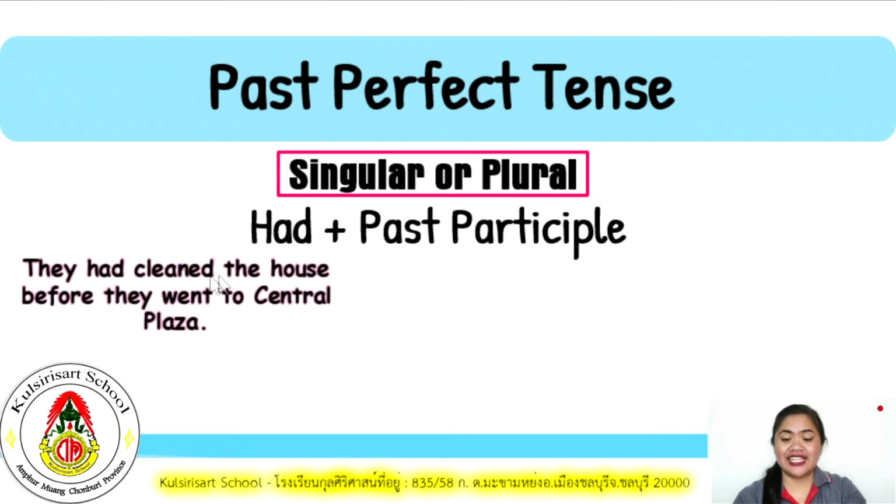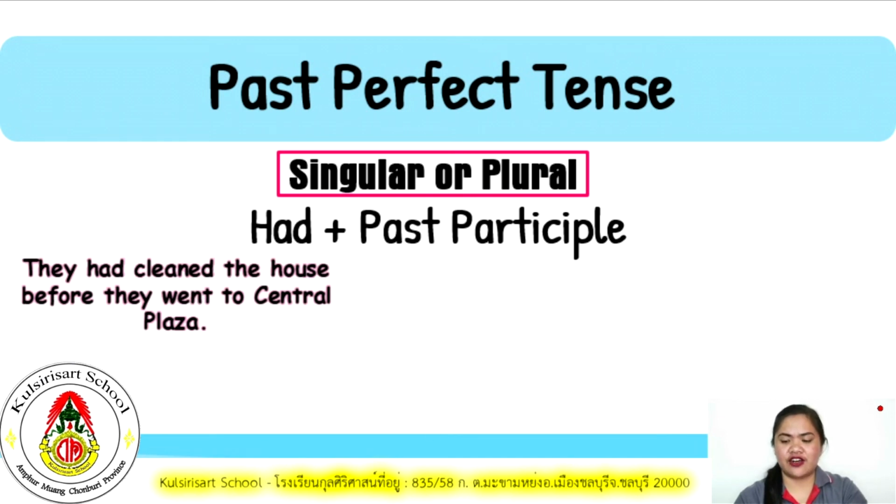Now, before they went here is a simple past. And had cleaned here is a past perfect. Meaning, before the past action went, another past action had just happened.